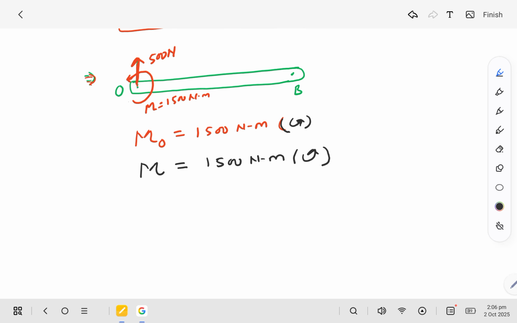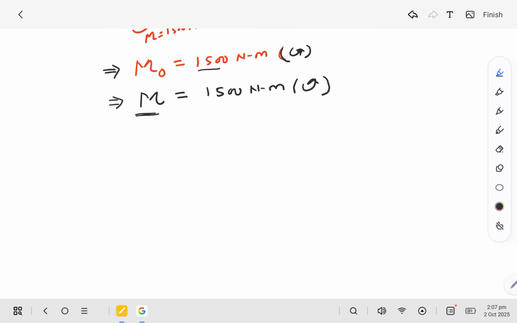So this is the initial moment of the forces acting on the body, and this is the final moment. The final moment is due to the couple and the initial moment is due to the forces. So there is no change in the moment acting on this body.